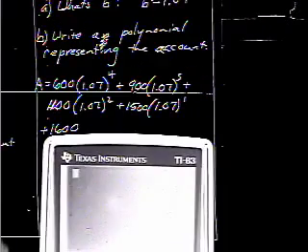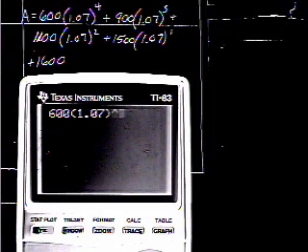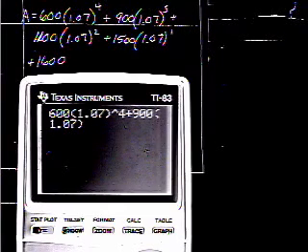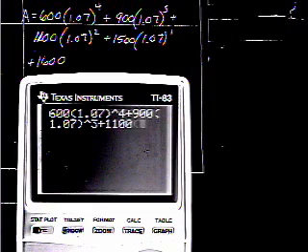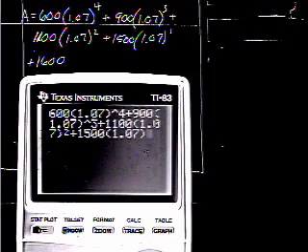Well, one way we could do this would be to use 600 times 1.07 to the fourth plus 900 times 1.07 to the third plus 1100 times 1.07 to the second plus 1500 times 1.07 to the first plus 1600.